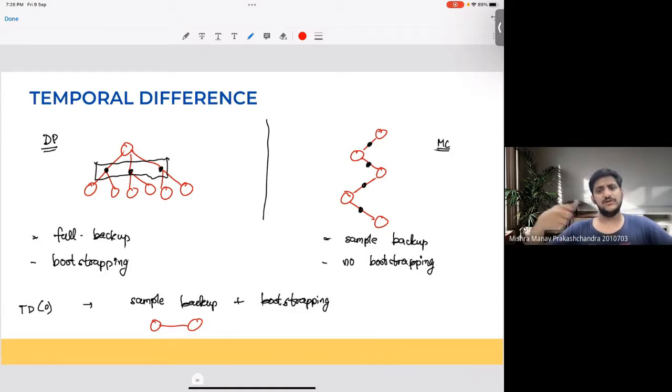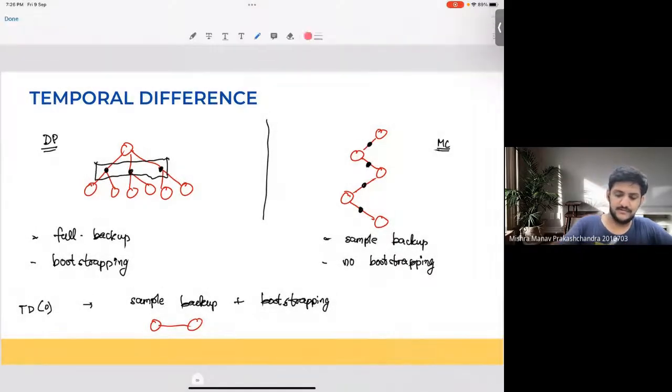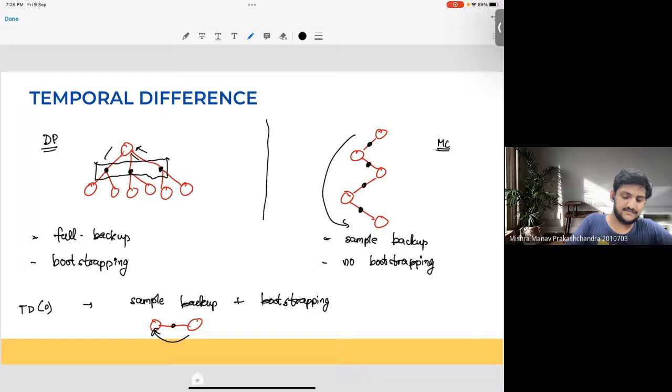And after that, you do bootstrapping after looking one step ahead. So this is the idea behind your temporal difference algorithm. Okay, so this is the way backup happens. Here you do a sample backup. This is some sort of a full backup.